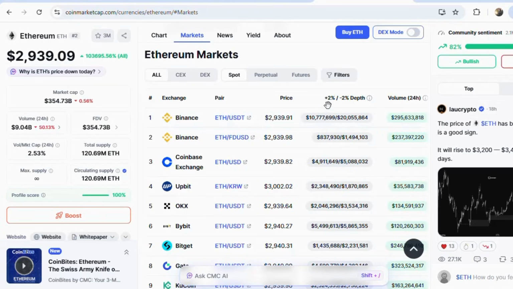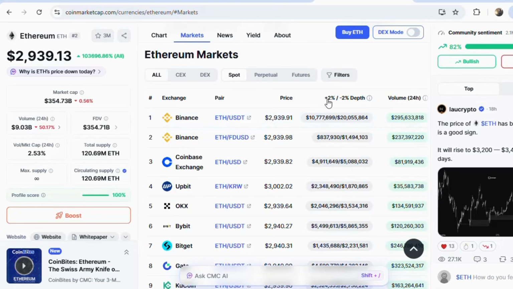Under the plus 2% on Binance, this is Binance, there are a lot of exchanges here. So particularly on Binance, a lot of people have placed $10,700,000 to buy Ethereum.